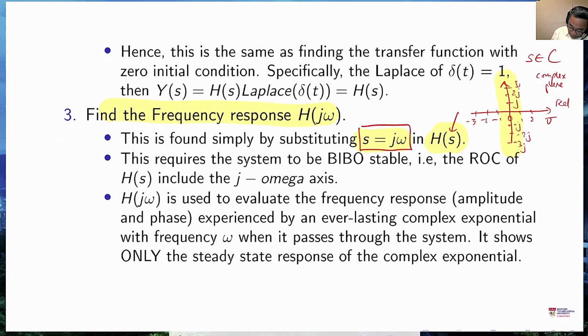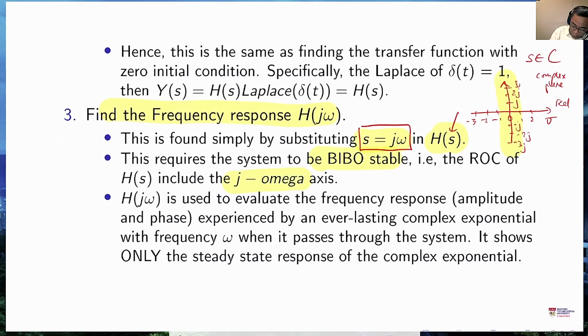Of course, please remember that for this evaluation to not blow up, the system must be BIBO stable. BIBO stands for bounded input, bounded output. When the system is stable, the region of convergence will include the j omega axis, which is this axis.